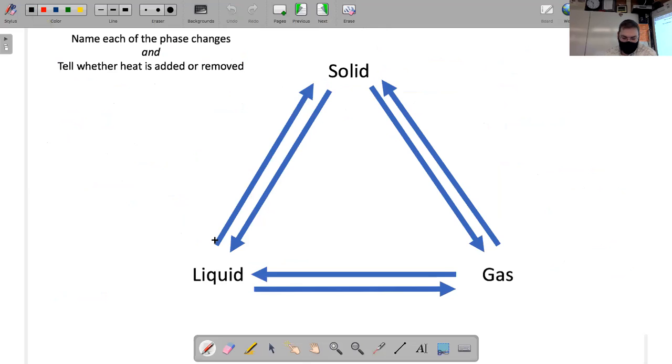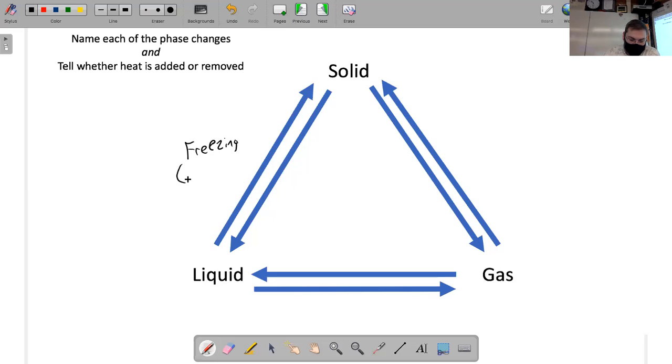What do you call it when water changes to ice? Nope. It's easy. Freezing. Yep. When liquid water changes to a solid, that's freezing. And do you have to add heat or remove heat to make that happen?